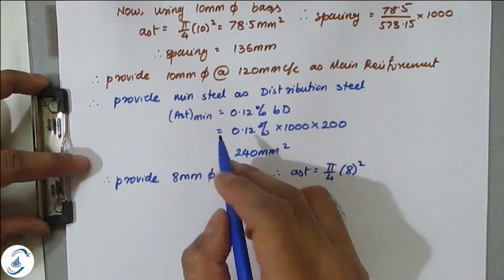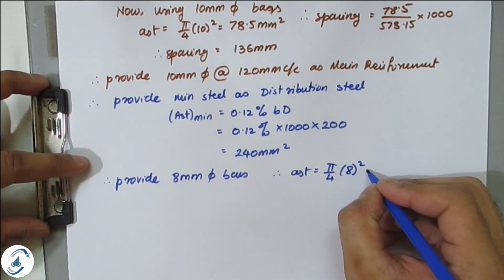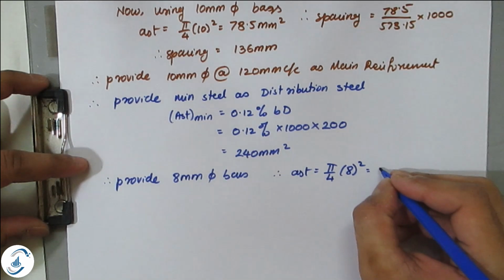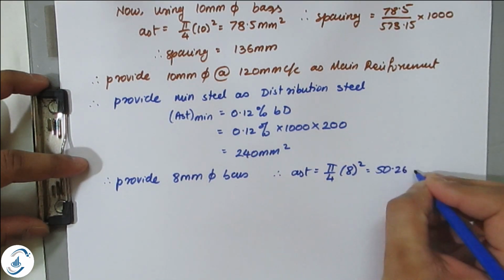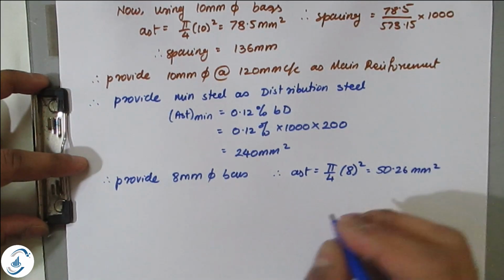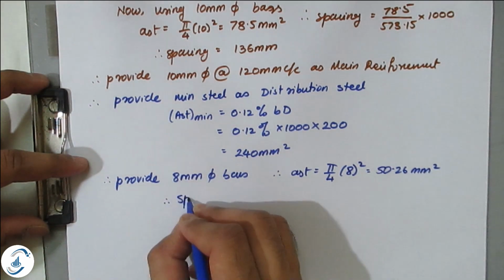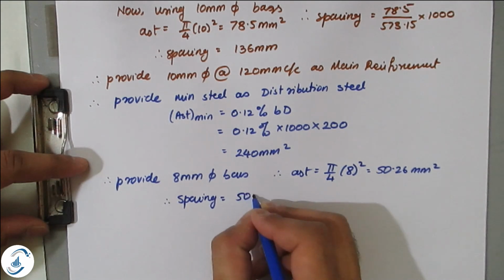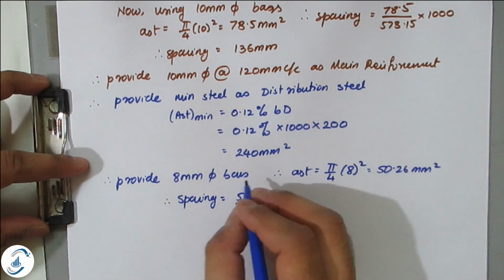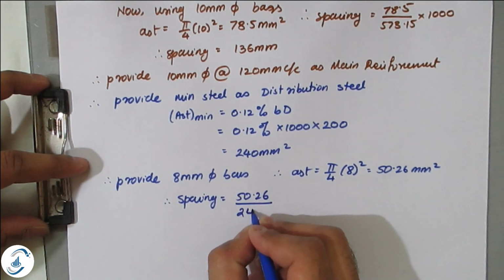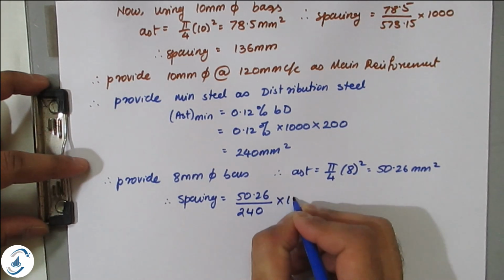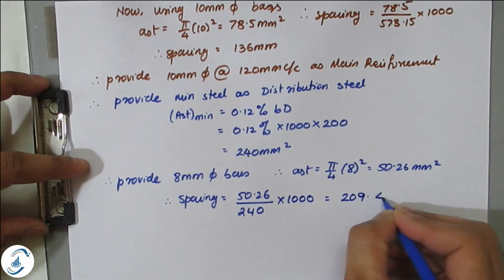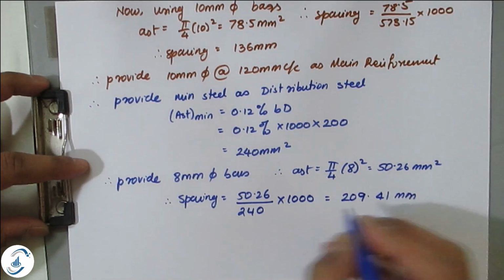You can go with 10 also, there is no hard and fast rule; you can select as per your requirements. It is 50.26 mm square. So calculate the spacing again: small Ast, that is 50.26 divided by 240 into again 1000. This comes out to be 209.41 mm.